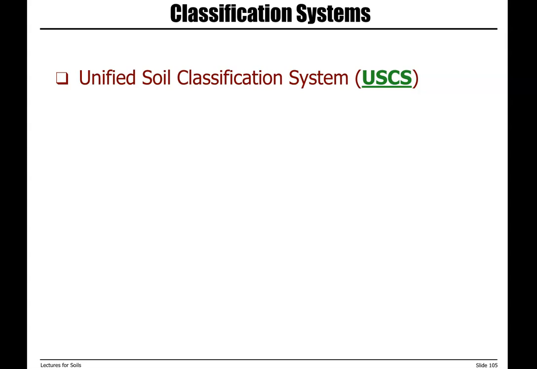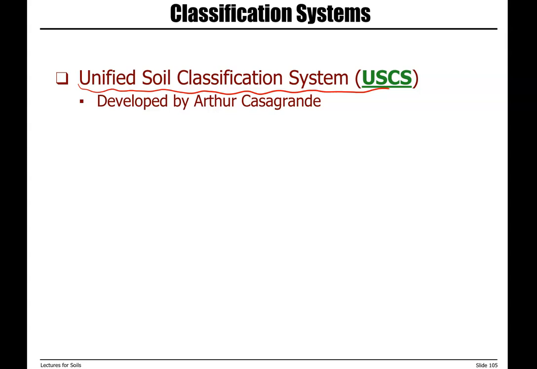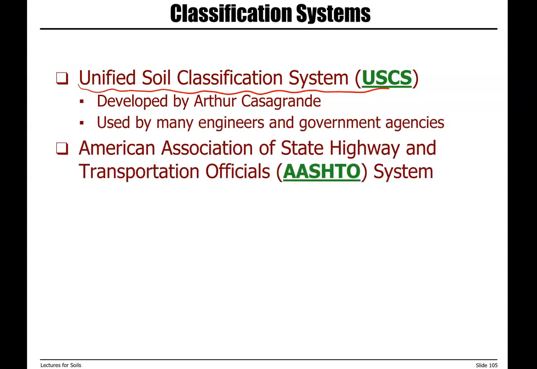Another classification system that is used for construction and engineering applications is the Unified Soil Classification System. Another example, which is mostly used for road construction, is AASHTO, the American Association of State Highway and Transportation Officials system.